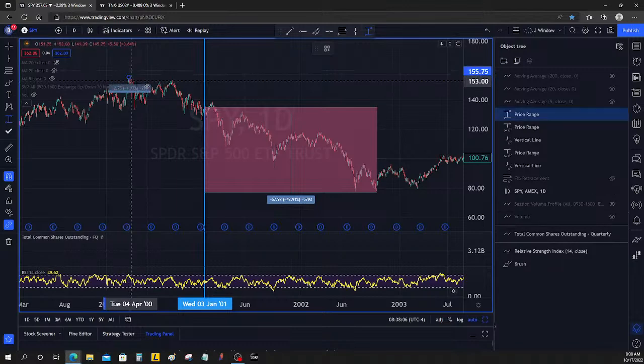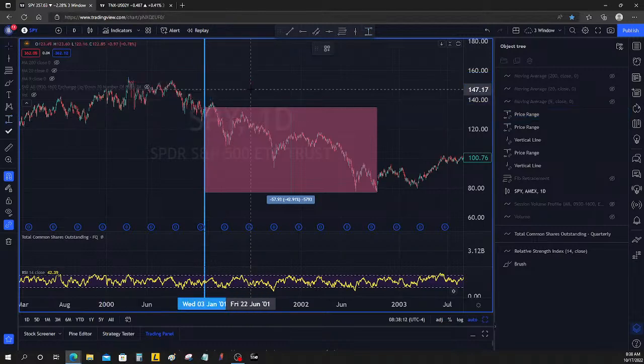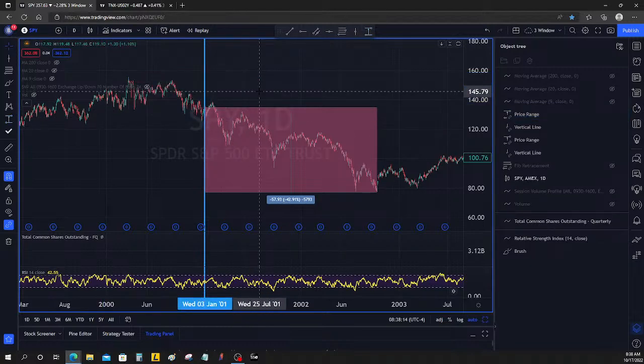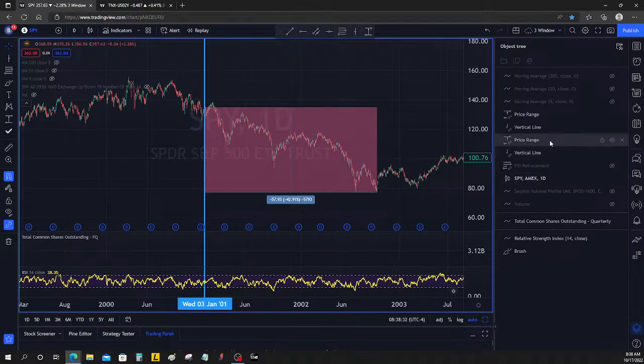Let's see, from absolute peak to that day, there had already been about an 18% downturn in the market prior to the yield curve normalizing, right? Well, after it started to normalize, we got another 43% downturn. This orange box right here is a tool to measure price range, and it gives me the absolute terms.